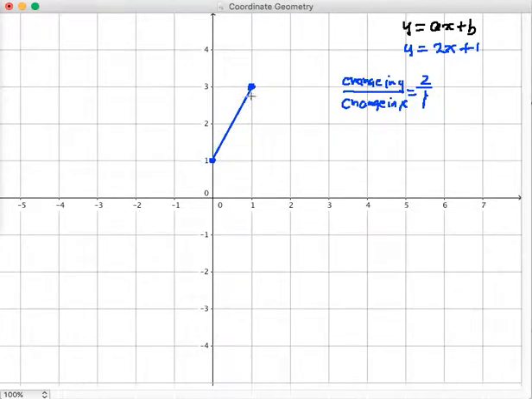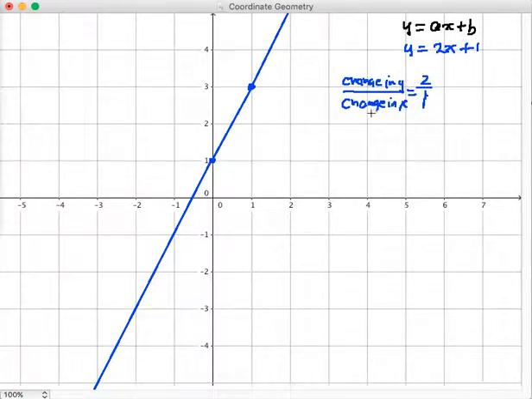So we can draw the line using these points. Okay? So yan yung ating line. Based on this equation, na-draw na natin yung line natin. Dalawang numbers lang, yung slope tsaka yung y-intercept.